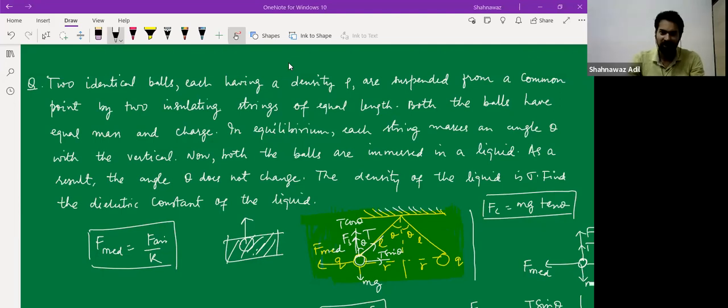If you can recall, did Amna ma'am do the electric field due to a finite wire and electric field due to a ring charge?